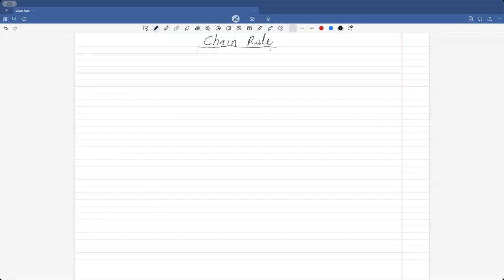Let's say we have a question that looks like this. f(x) equals (2x + 5) to the power of 3. How can we find the derivative of this function using chain rule?